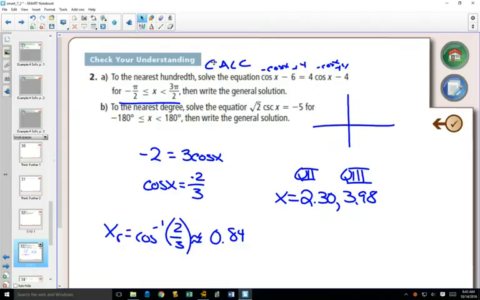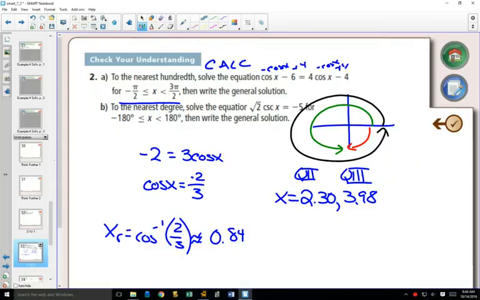Can you see that that means we're doing quadrant 4 as negative angles and quadrants 1, 2, and 3 as positive angles? And our answers that we did initially we just went from 0 to 2 pi in the positive direction. That's what we do normally.